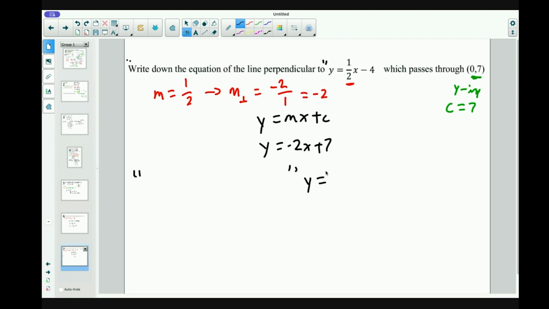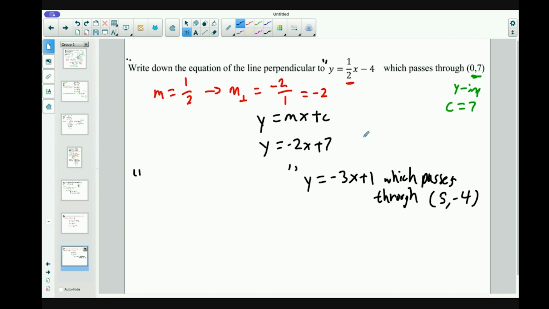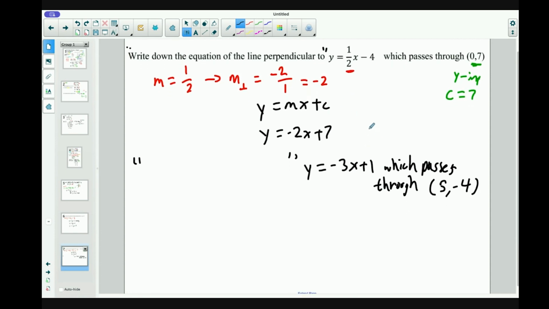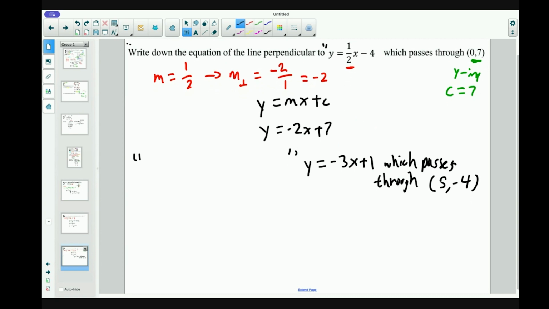But instead of y is equal to 1/2 x minus 4, let's start off with something such as negative 3x plus 1, which passes through, and let's go with the point 5, negative 4. Okay, and see how we do with this question. Take a second, start to work through it, see which parts might be a little bit trickier. Can we still find a c value, or do we need to use something else to help us out in this case?